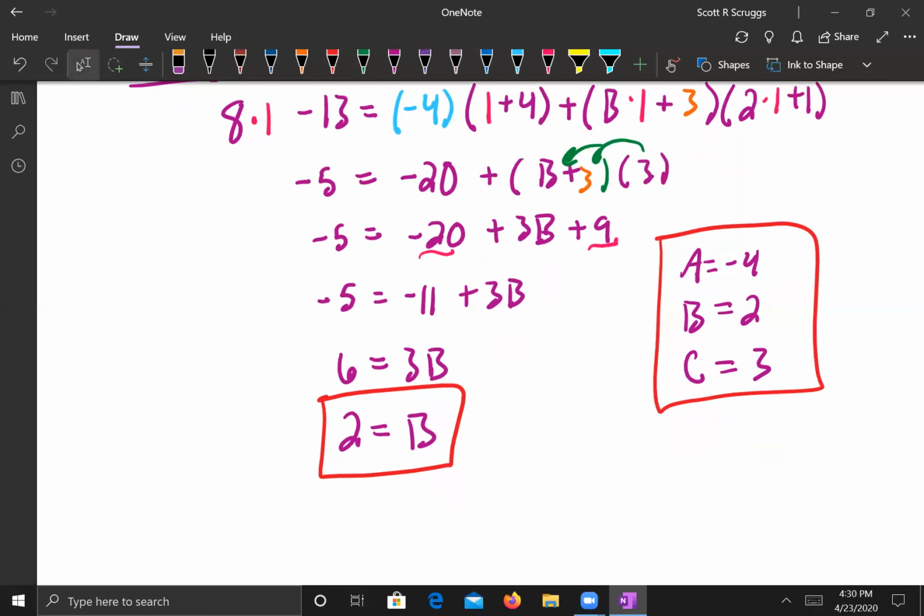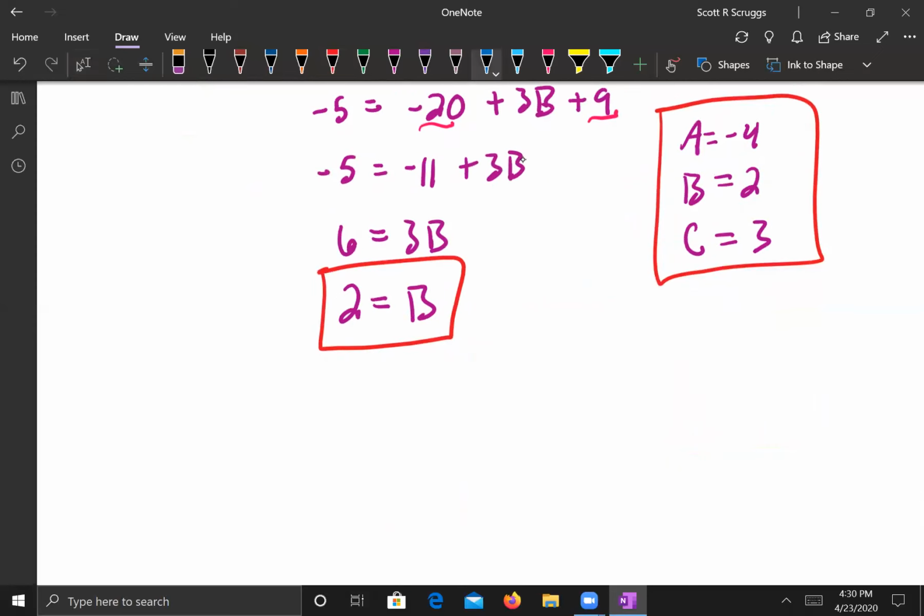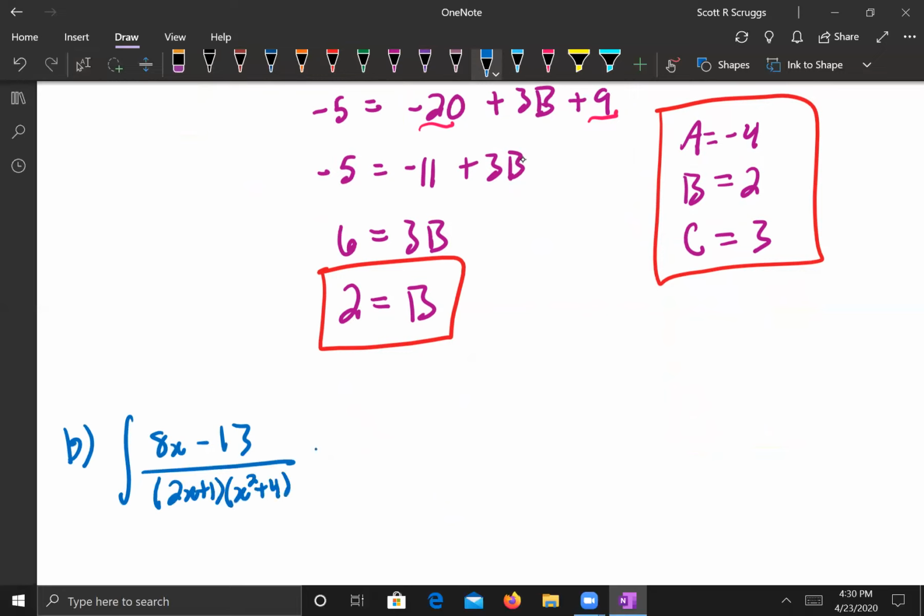So now we integrate and we do part B. Because of part A, I can now rewrite my integrand.